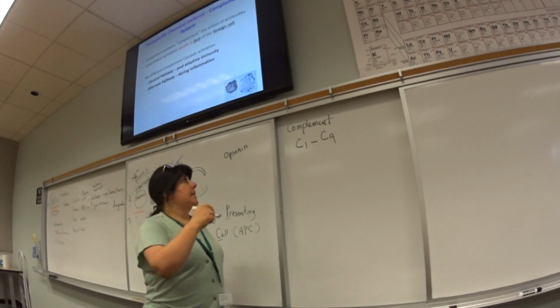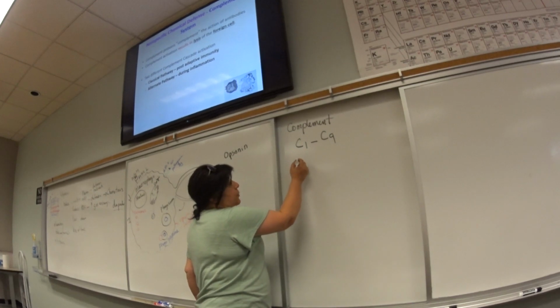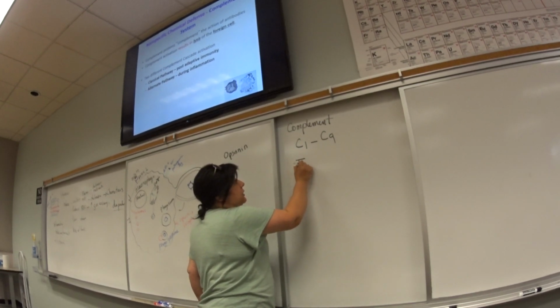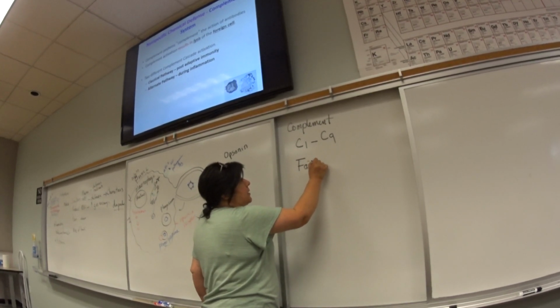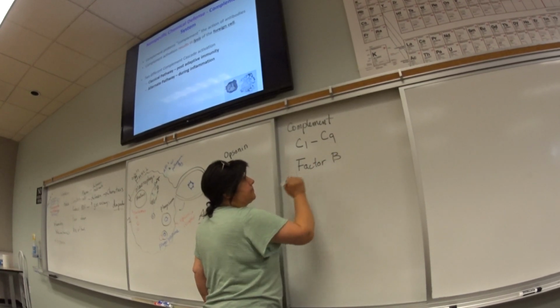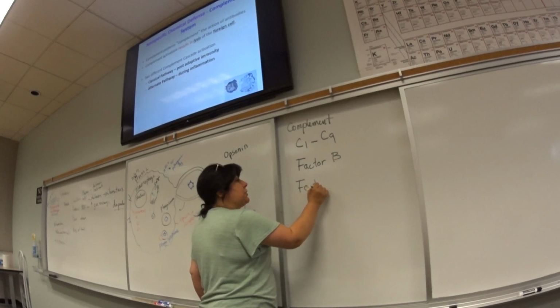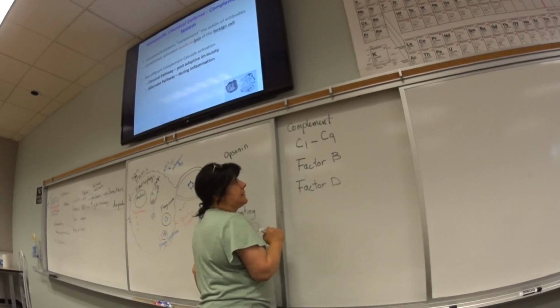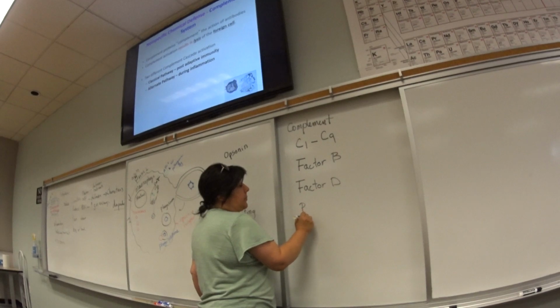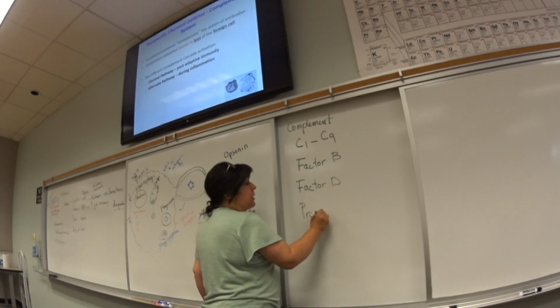We also have a protein called factor B, another protein called factor D, and finally a protein called properdin.